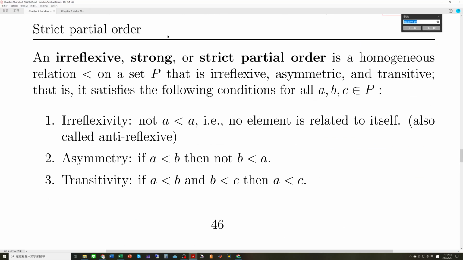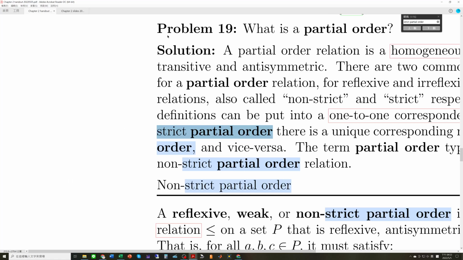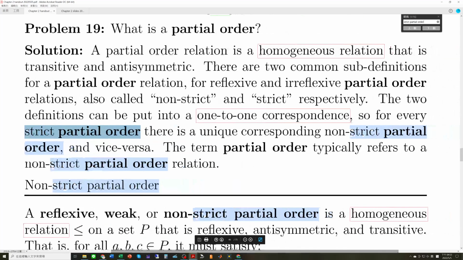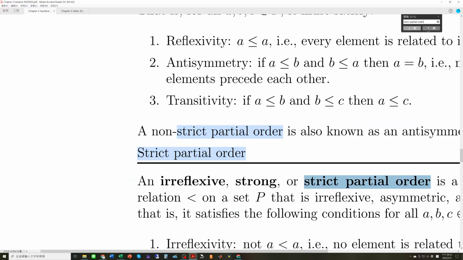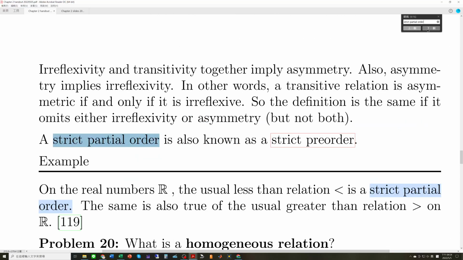Okay, let us go back to the previous place. Okay, let me see. Strict partial order. Oh, we have many strict partial order here.